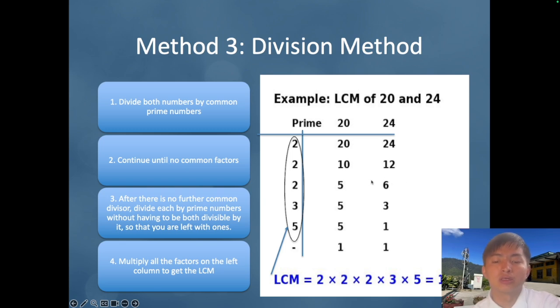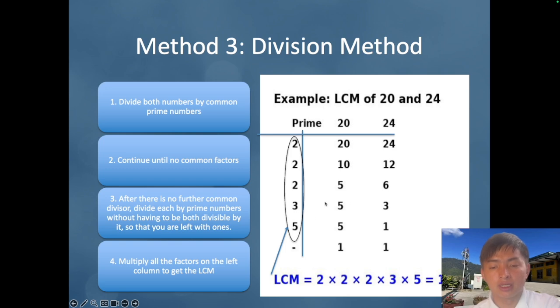So at this point there are no other common factors between the two numbers, so you can divide it by any of the prime numbers that can divide one of the numbers here. So the first one being 2, and when you divide it by 2, 5 remains 5 because it's not divisible by 2, but 6 is divisible by 2, so 6 divided by 2 is 3.